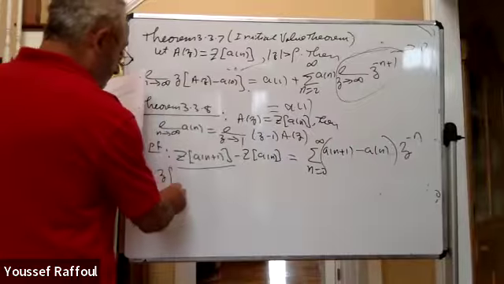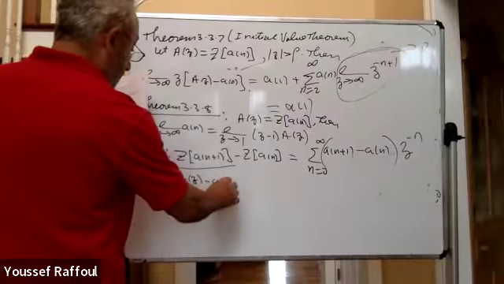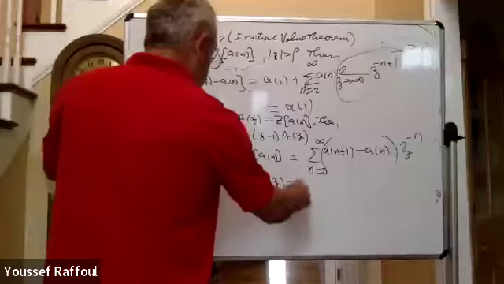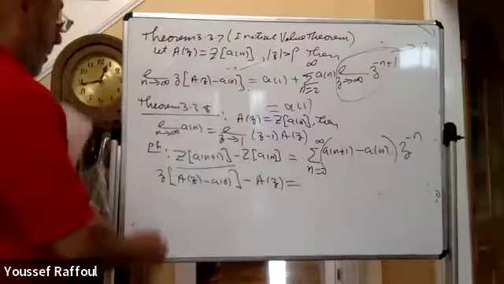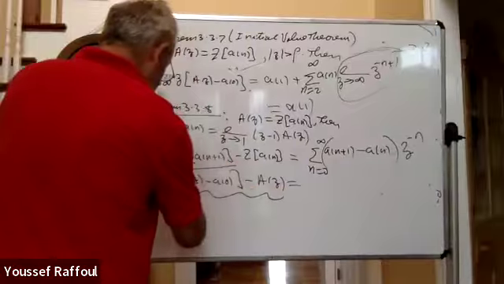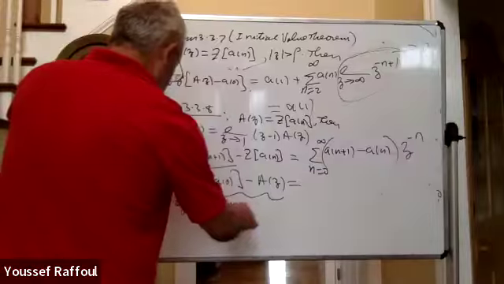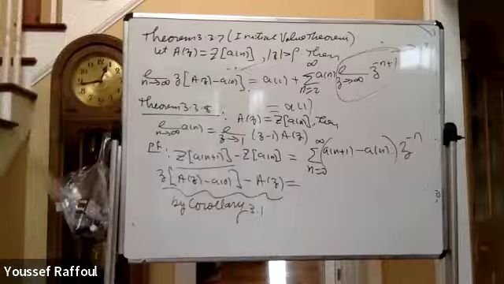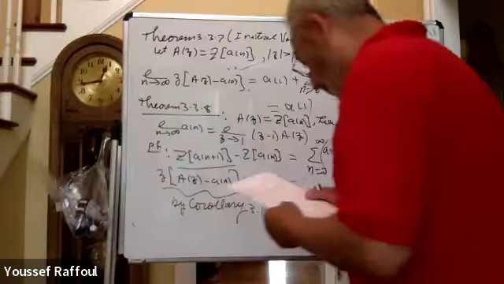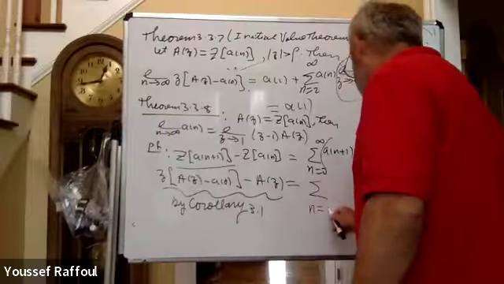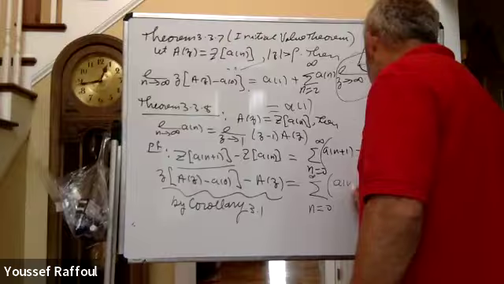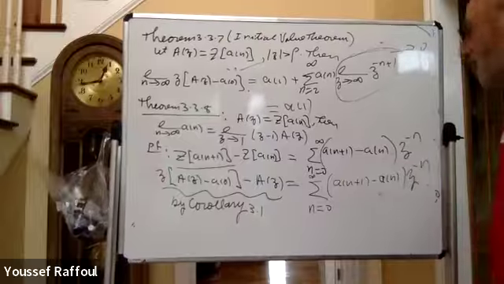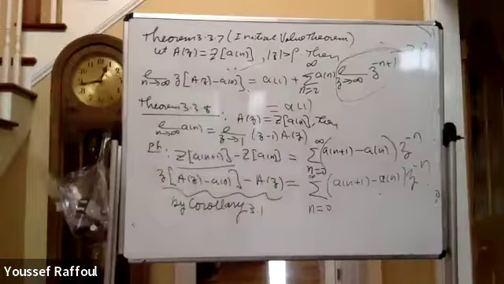That is Z A(Z) minus Z A0 minus A(Z), by corollary 3.1, which is equal to the sum from n equals 0 to infinity of (A_(n+1) minus A_n) Z^(-n).